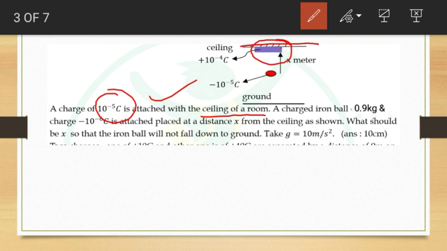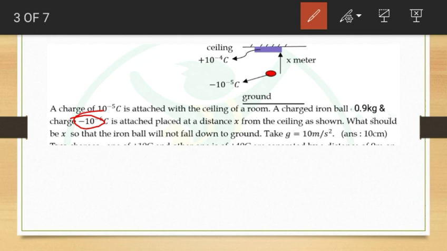Then there is another charged iron ball. This is the charged iron ball which has the mass 0.9 kg and a charge of 10 to the power minus 6 coulomb.